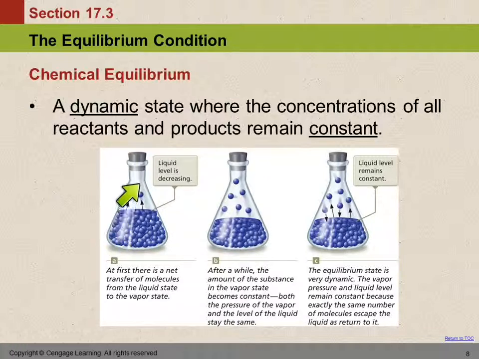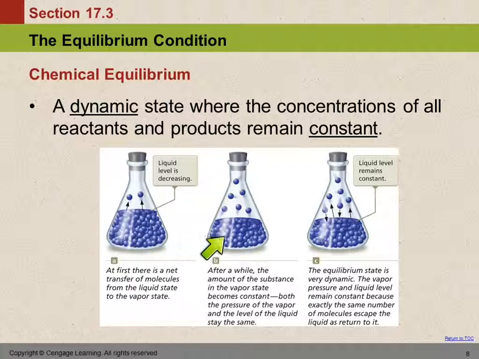And the liquid will begin to evaporate. So particles will move from the liquid state into the gas state, and there will be a specific rate at which the evaporation occurs. At this point, there is basically no condensation because there's really no molecules in the gas state, so you can't have any condensation. So here the rate of condensation is almost 0.